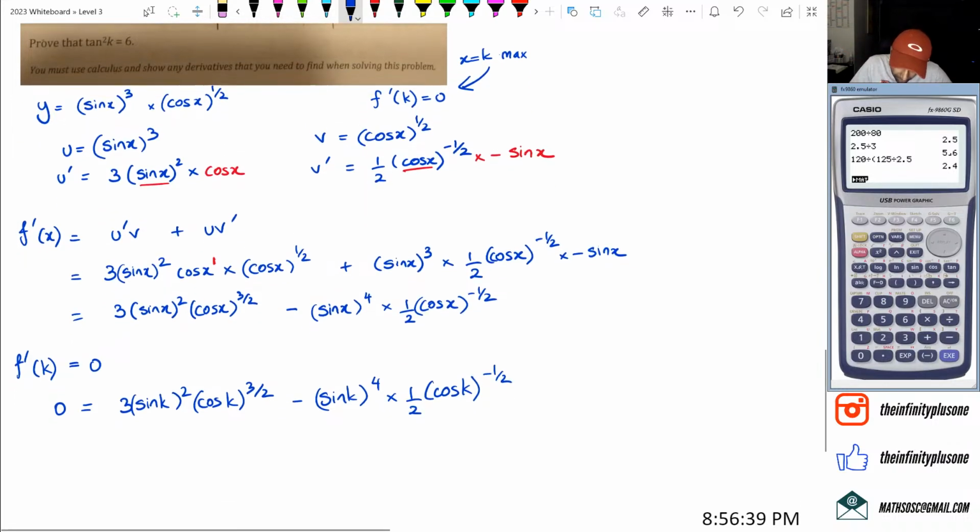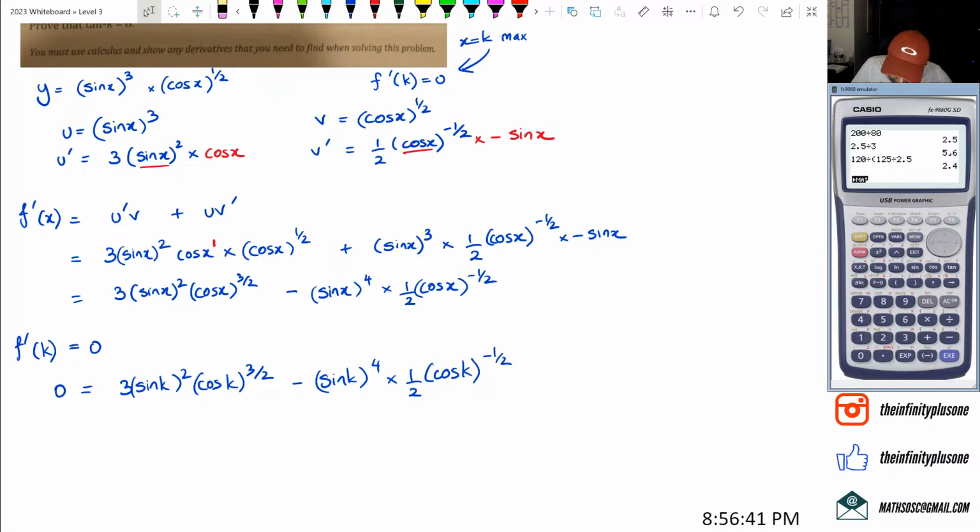Cool, so we can rearrange this now. So I'm going to bring this entire minus thing across. I'm going to move this across. I just want to see what happens. So if I go sine k to the 4 times a half, I think I've got something here, folks. I think I've solved this.